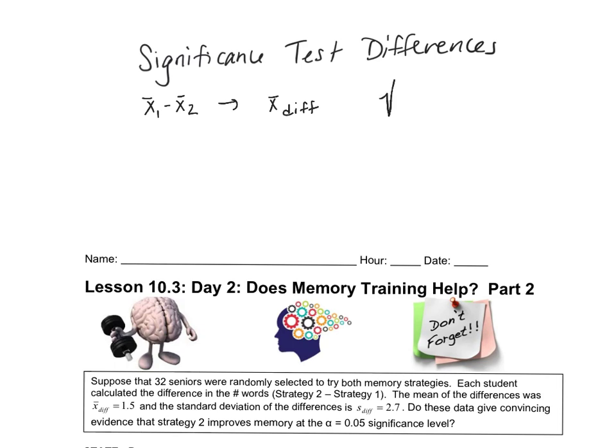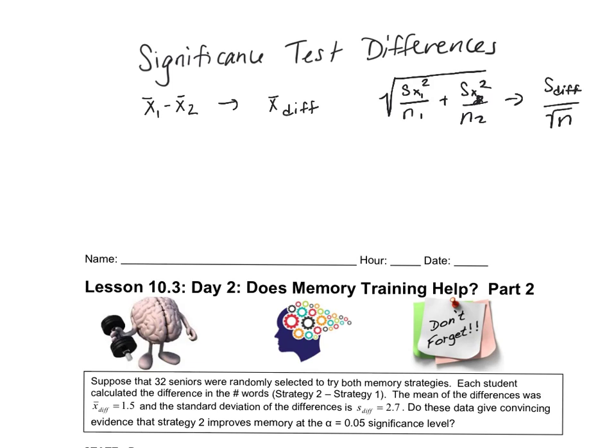And instead of using the standard deviation of x bar 1 squared over n1 plus s x bar 2 squared over n2, instead we use the standard deviation of the difference over the square root of n.